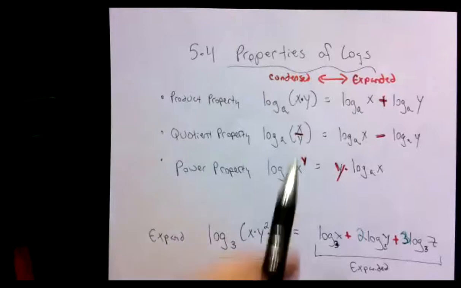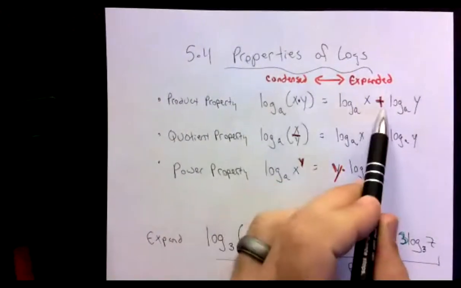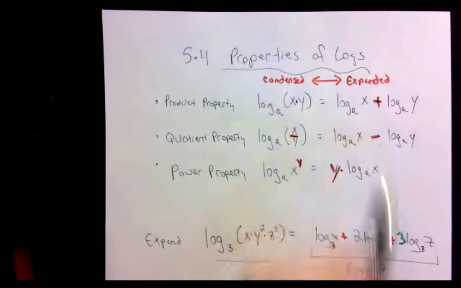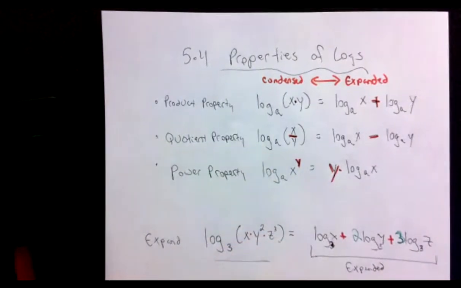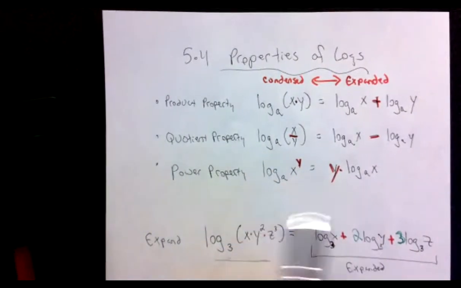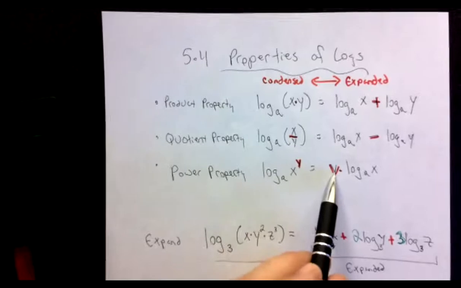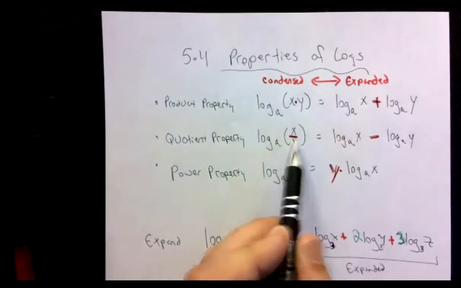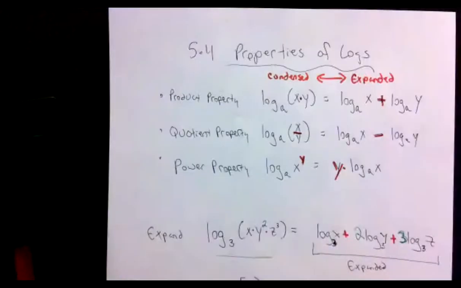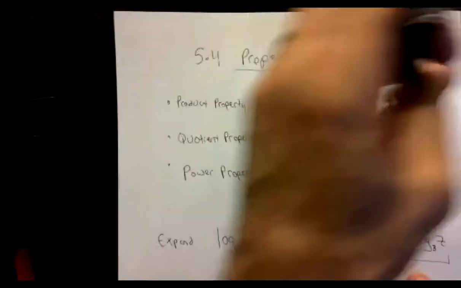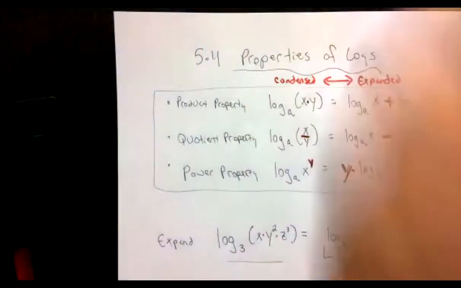So in section 5.4, pretty straightforward. 3 properties. For expanding, multiplication becomes addition, division becomes subtraction, powers go to the front. If we're condensing, that just works in backwards. So the powers or numbers in front become powers, subtraction becomes division, plus becomes times. So again, this is the whole of the notes.